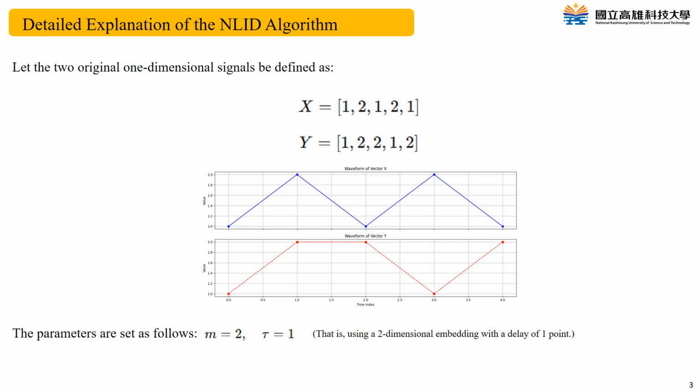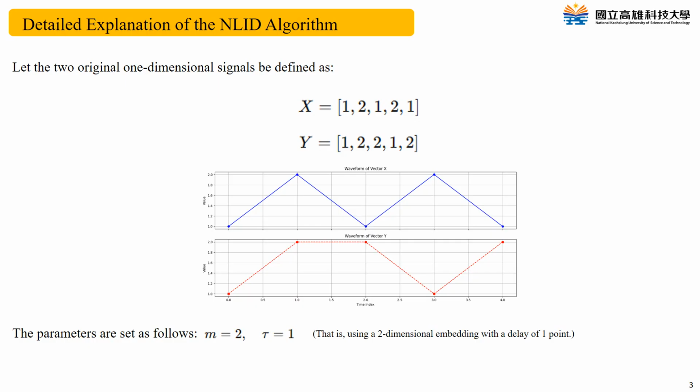Here, I used two simple one-dimensional signals as an example to explain the NLID algorithm. The two signals are x equals 1, 2, 1, 2, 1 and y equals 1, 2, 2, 1, 2. I choose these simple sequences because they make the whole NLID process easier to understand. From the plots, we can see that x shows a repeating pattern, while y changes in a similar but slightly different way.